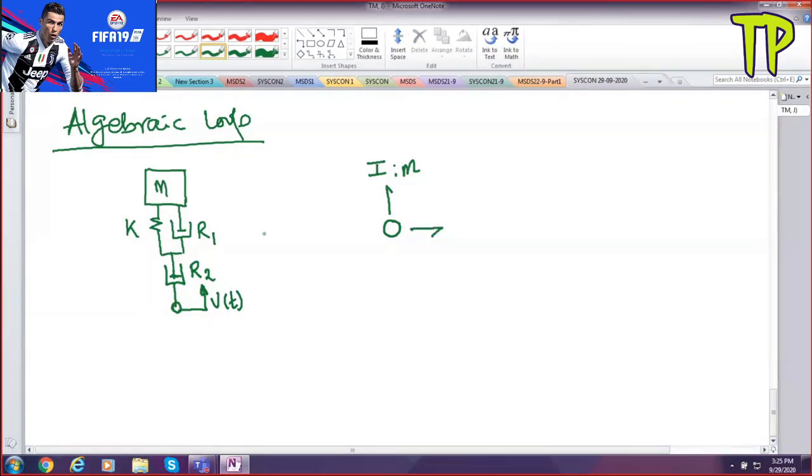The force applied on the mass is the same as the force combined in this spring and damper R1. The spring and damper R1 have the same relative velocity. They give independent forces.